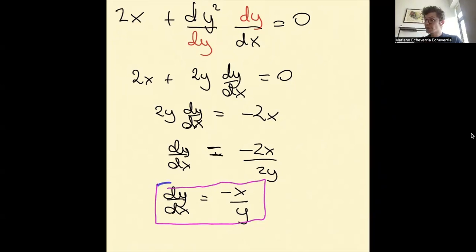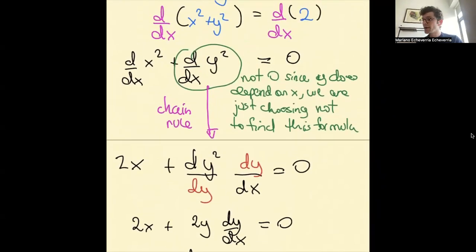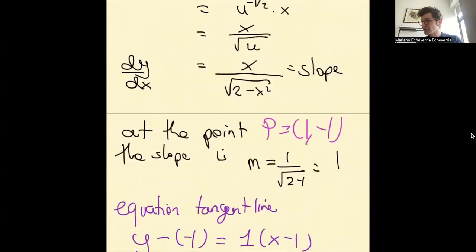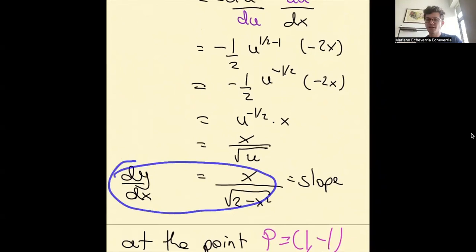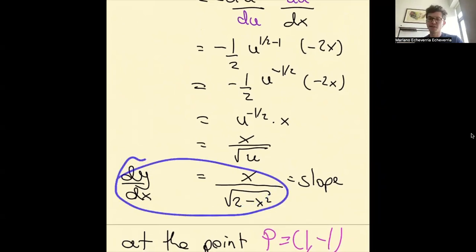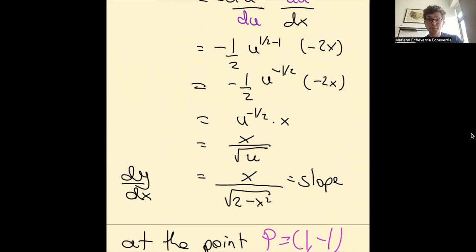So I'm saying my formula for the derivative is minus x over y. If you compare it with what we found in the first method, it doesn't look quite the same. But the reason why it doesn't look the same is because in the first method, we did a little bit more because we had y as a function of x as a formula, which we're choosing not to do here.